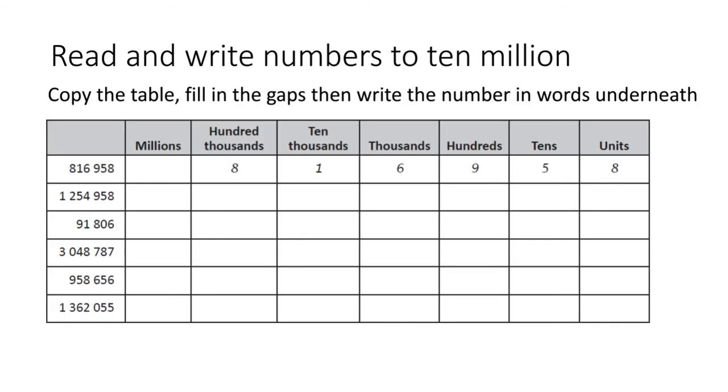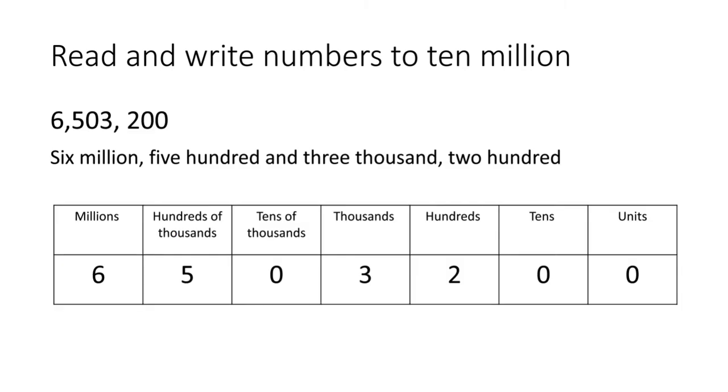If I flick back, it's going to remind you of one other thing that might help a little bit. So if we've got 6 million, after the 6 million, put a comma. It might help you to write them. We write our thousands, and afterwards there's a comma. And finally you can write how many ones there are, 200 in this case.